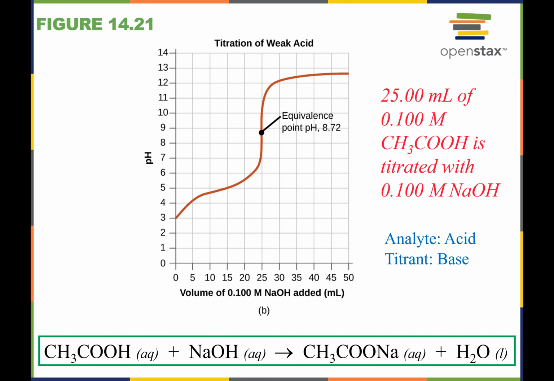This curve goes along with the data you saw on the previous slide, where along the x-axis we have volume of titrant, volume of NaOH added, and along the y-axis we have the pH. Hopefully you can see this is characteristic of a weak acid, strong base titration. Equivalence point here at 8.72 according to the number we crunched.